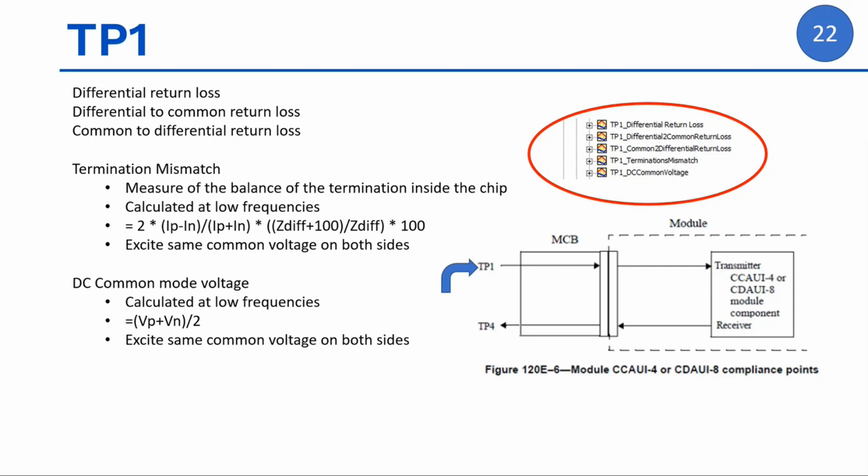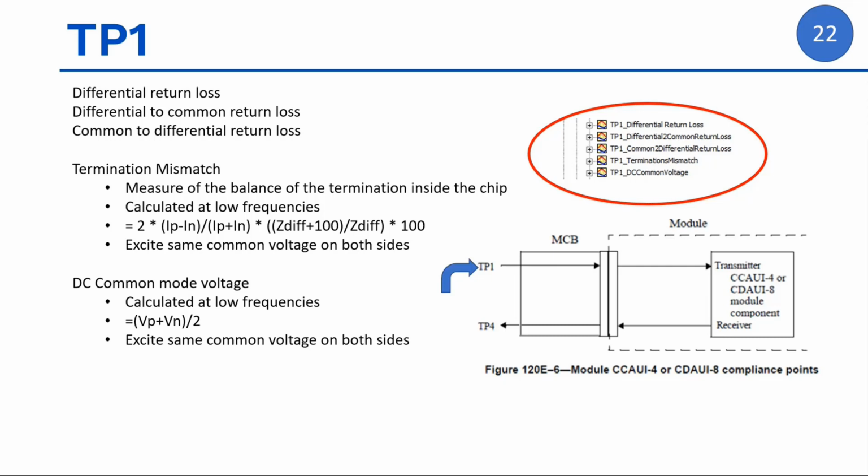Differential return loss, differential to common, common to differential, termination mismatch. Termination mismatch, you will find the definition here and also in the graph, is simply a measure of whether the P and N of each differential signal see exactly the same termination inside at the ASIC, at the chip, which is inside the transceiver.